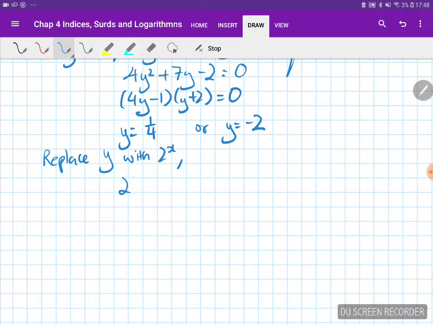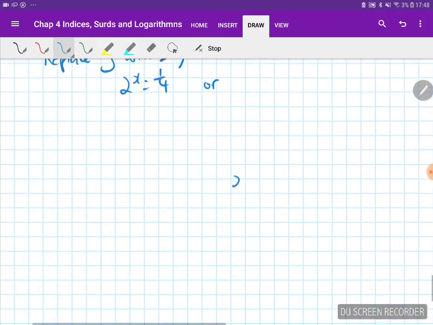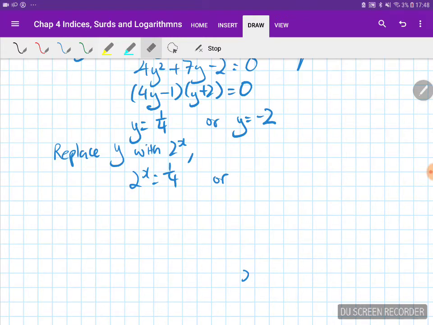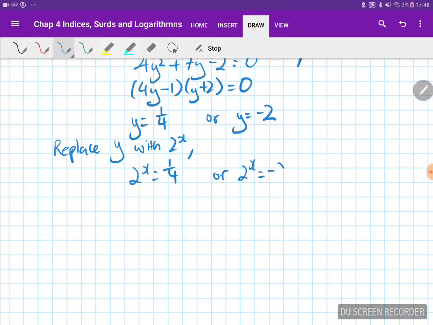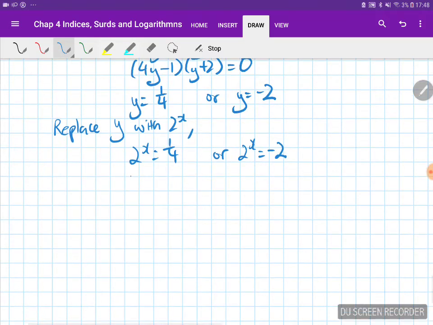It will look like this. 2 to the power of x equals 1/4 or 2 to the power of x equals -2. So for 2 to the power of x equals 1/4, 1 over 4 is actually 1 over 2 squared, which is 2 to the power of -2, therefore x equals -2.